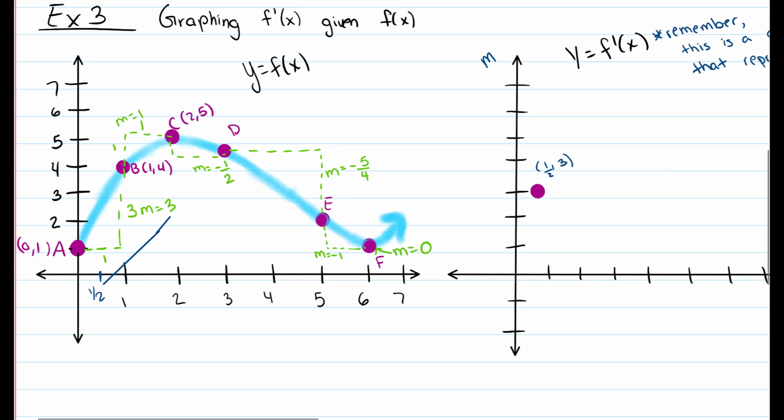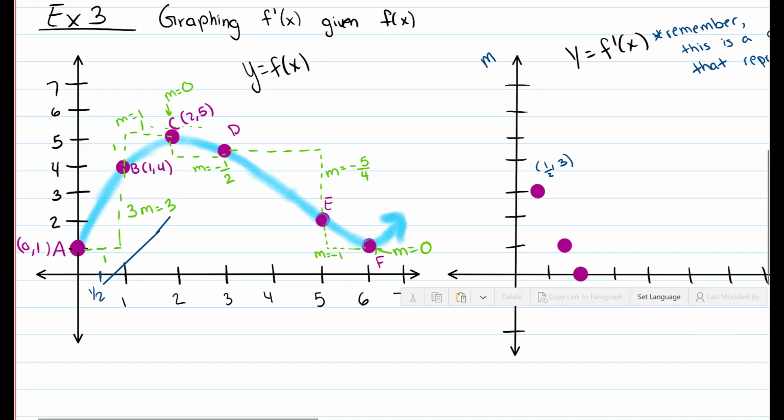And then for the points between B and C, the x values are between 1 and 2. So at about 1.5, I have a slope of 1. And then at C, right here where the graph goes up and then down, I have a slope of 0 because the tangent line is going to be horizontal.